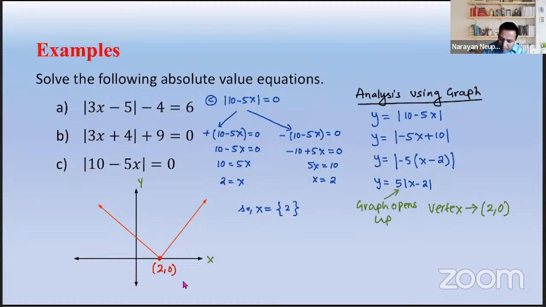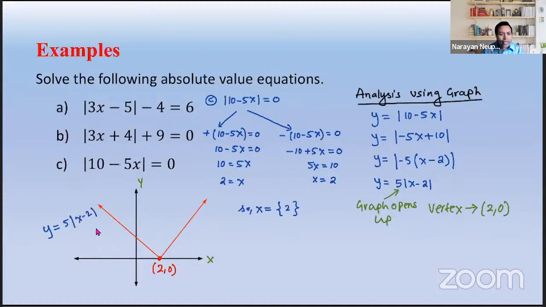That is the graph of the function y equal to absolute value of 10 minus 5x. Or you can also write this as the graph of 5 times absolute value of x minus 2.